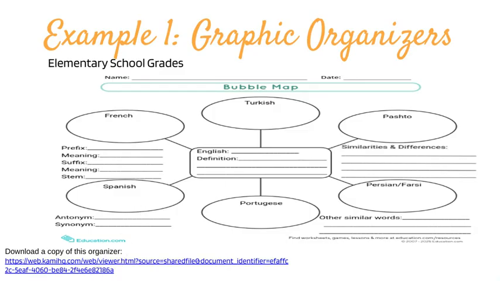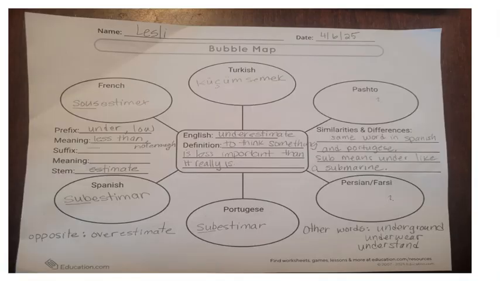Hope you can click on it to get your own copy if you want to use this organizer, where students can put in different words in different languages. You can have them work in groups. You can have them work by themselves. And they can compare and contrast different vocabulary words. And this is what it looks like when it is filled out.